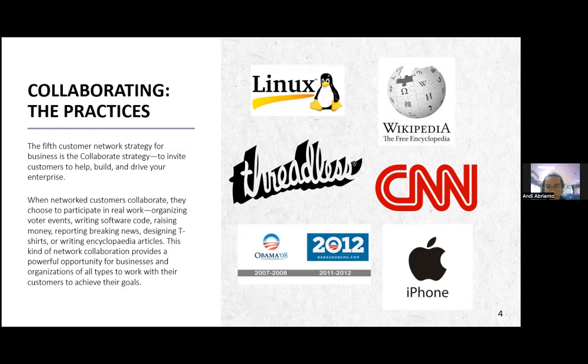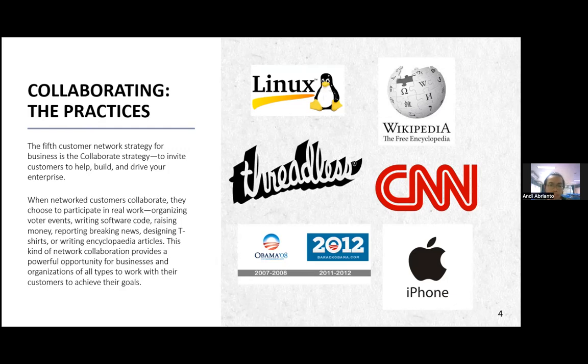This strategy has proven beneficial in the working of operating systems like Linux, online encyclopedias like Wikipedia, the fashion industry, Threadless, news media, CNN, even for political purposes in Barack Obama's presidential campaign, and mobile phone applications in Apple.